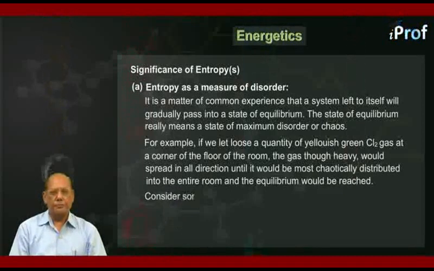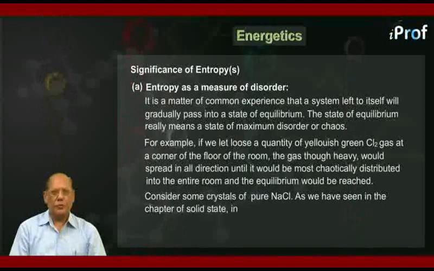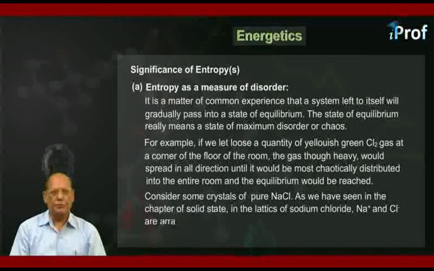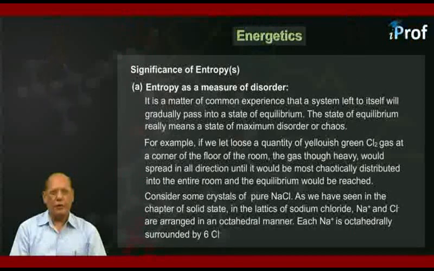Consider some crystals of pure sodium chloride. As we have seen in the chapter on solid state, in the lattice of sodium chloride, sodium ions and chloride ions are arranged in an octahedral manner. That is, each sodium ion is octahedrally surrounded by 6 chloride ions and vice versa.